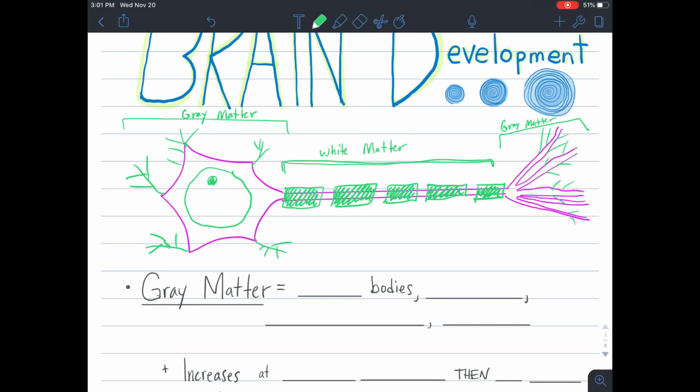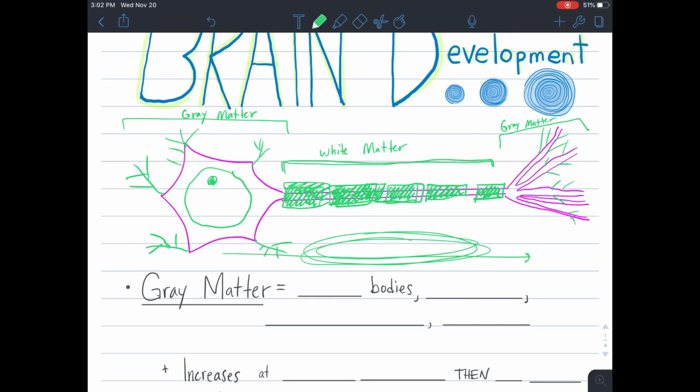Now, as we know, the signal gets sent from the cell body, the dendrite, down the axon to the axon terminal. So this part in the middle with the myelin on it is important for transporting information. The more myelin you have on your neurons, the easier it is for the signal to travel down that pathway. If you're really good at something, like as you learn how to juggle more and more, your body is adding more and more myelin onto your neurons because you keep practicing it.